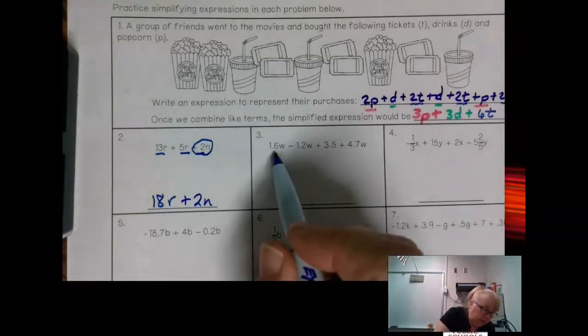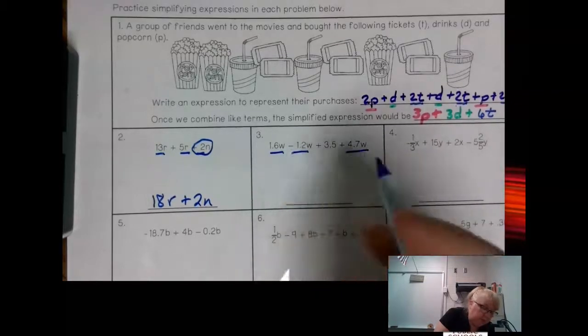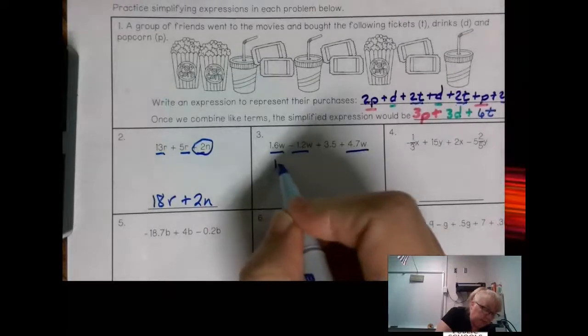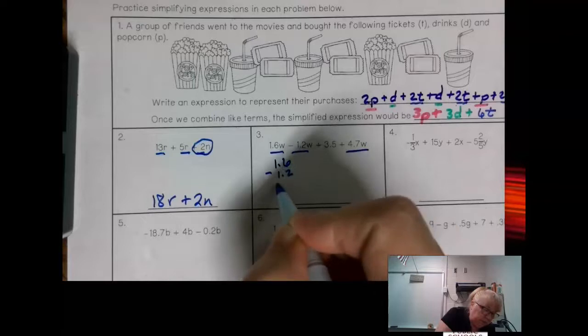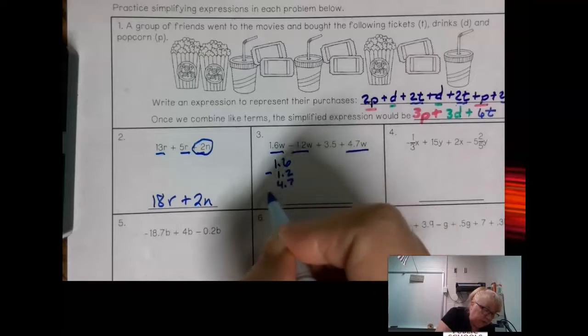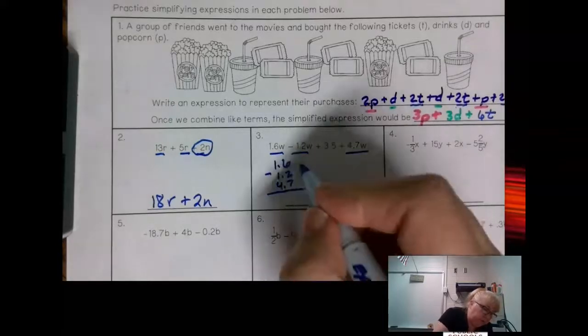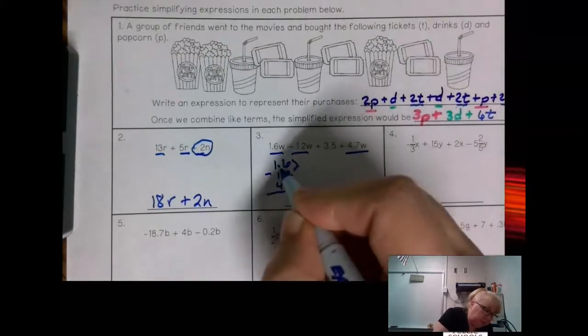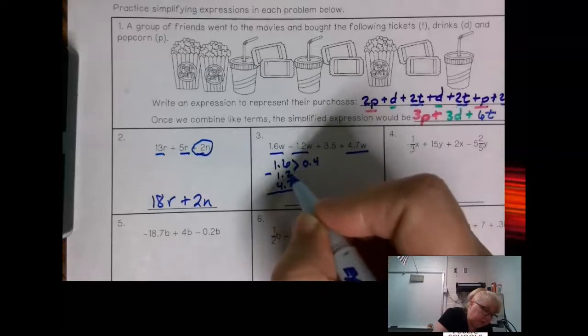Okay, here we have w's, w's, w's. Now be careful, this time we have a negative. So we have 1.6, and then we have negative 1.2, and we have positive 4.7. So if we first do this part, we would end up with 0.4, because 6 minus 2 is 4.